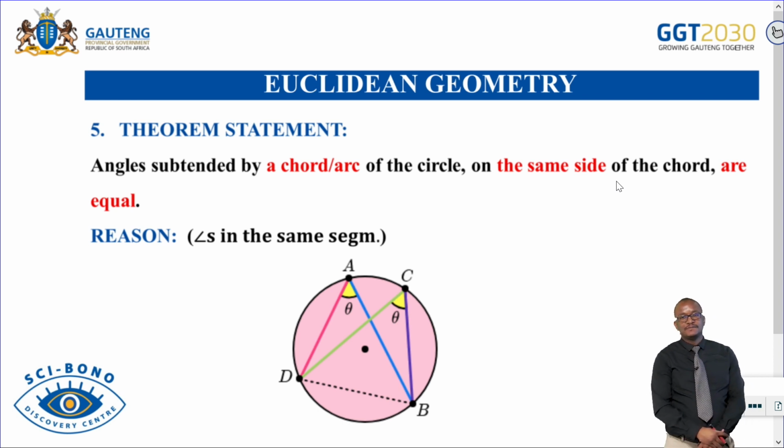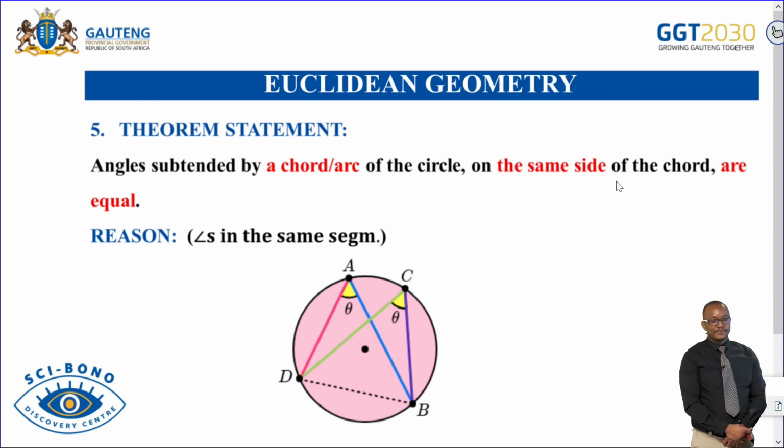Correct. So now we go to our theorem 4, and it states as follows. Angles subtended by a chord or arc of the circle on the same side of the chord are equal. So now we have our chord there, or we can say we have our arc there.